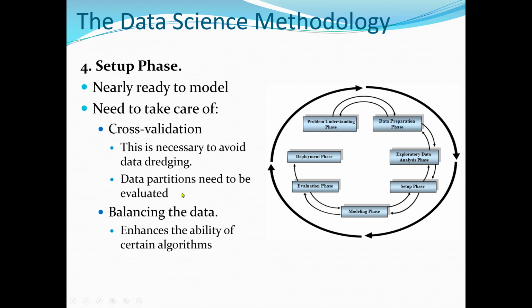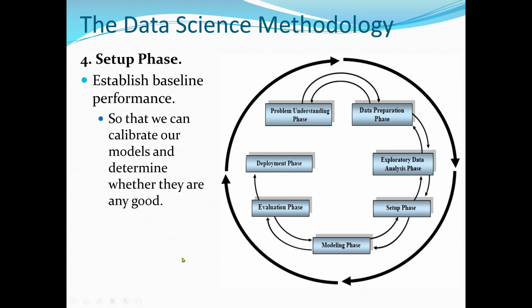Also, data partition needs to be evaluated. Also, balancing the data, we need to enhance the ability of the algorithms. Then we also need to establish the baseline performance so that we can calibrate our models and determine whether they are any good.